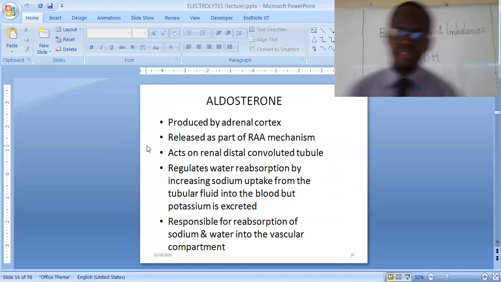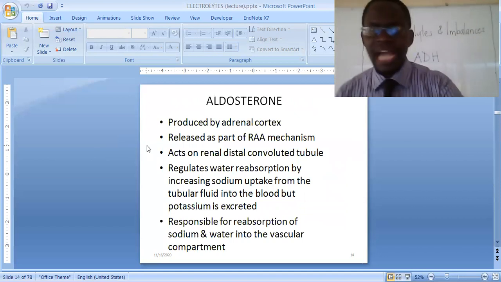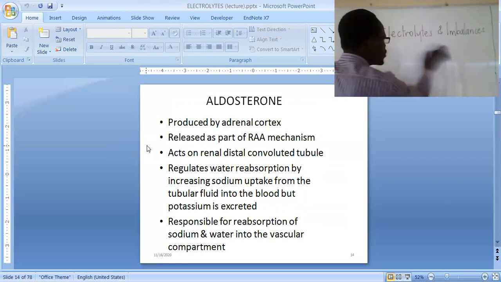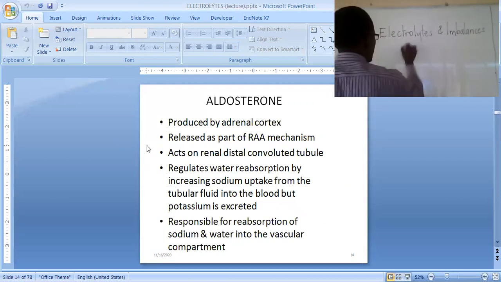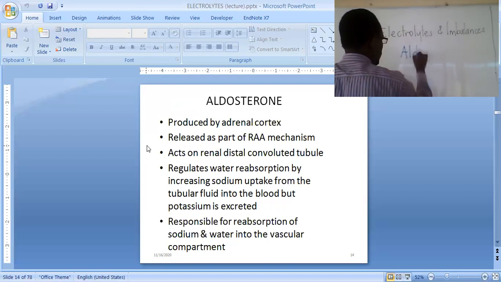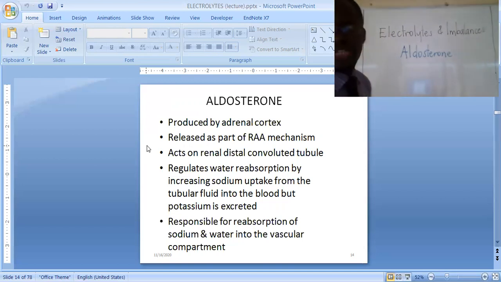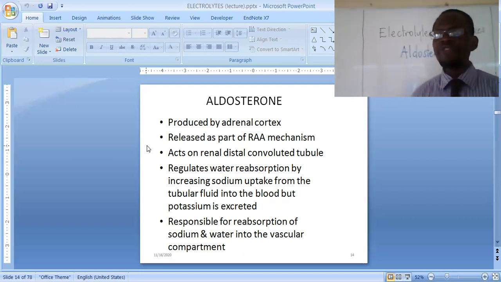The other hormone that you should be aware about is what we refer to as aldosterone. Can you repeat after me? Aldosterone. So aldosterone is also another hormone which is produced by the adrenal cortex.